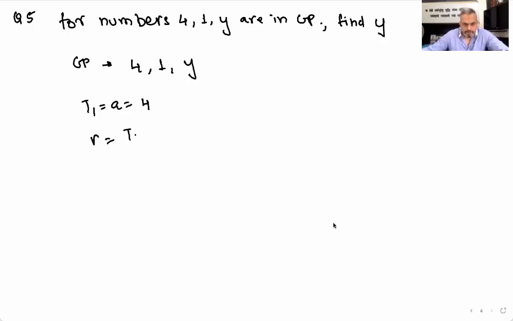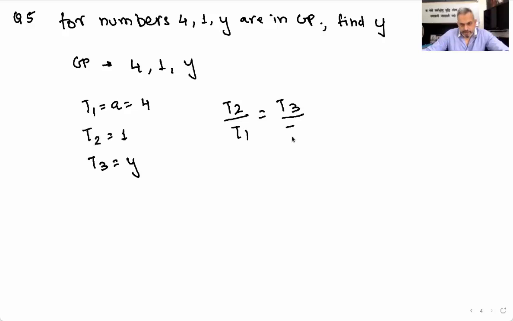rather than doing this, let's directly do it. T1 is equal to 4, T2 is equal to 1 and T3 is equal to y. So we will take the formula T2 upon T1 is equal to T3 upon T2. So let's check. T2 is 1, T1 is 4, T3 is y, T2 is 1.